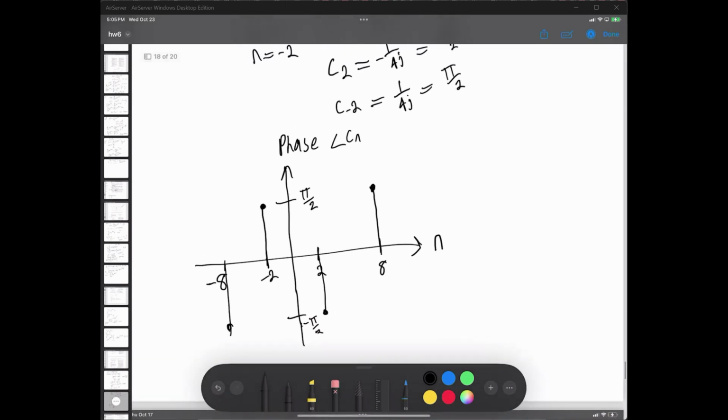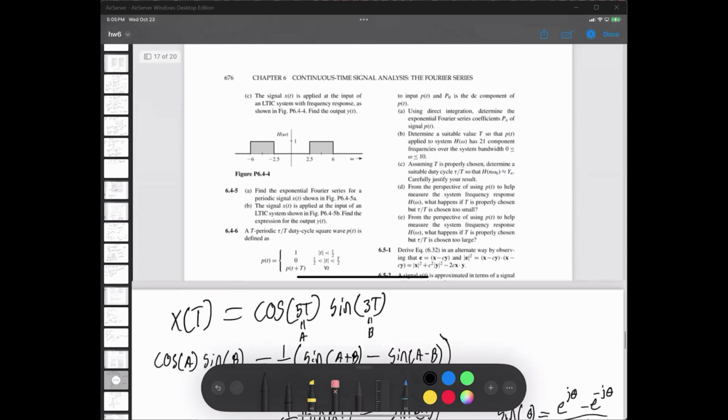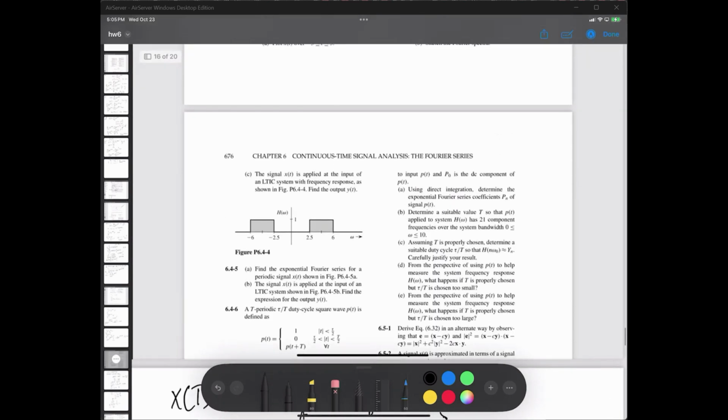Okay, and that's part B for this question. And then we have part C, which is the signal x of t is applied to the input of an LTIC system with a frequency response as shown in the figure. Find the output y of t. Well, those harmonics we just found, 8, negative 8, and 2, and negative 2, all fall outside of this filter.